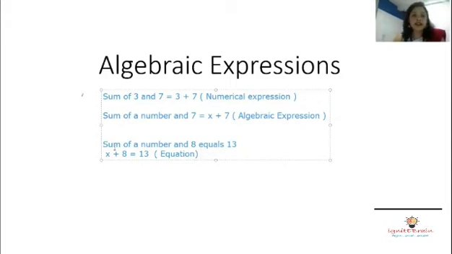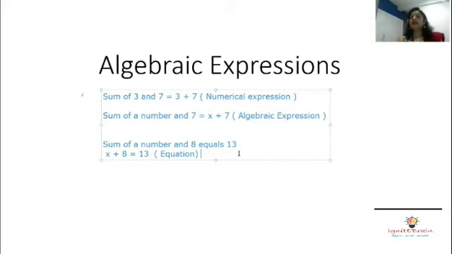So what we have learned till now: if an expression contains only numbers, it is called a numerical expression. If an expression contains variables, it is called an algebraic expression. And whenever there is an expression on both sides of the equals symbol, we call it an equation.